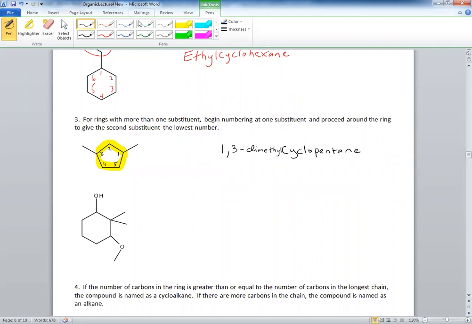Now we have an alcohol. So we number this way, 1. We go 2, 3, 4, 5, and 6. The reason is that OH has to get the lowest number. You might say, well, what about this?